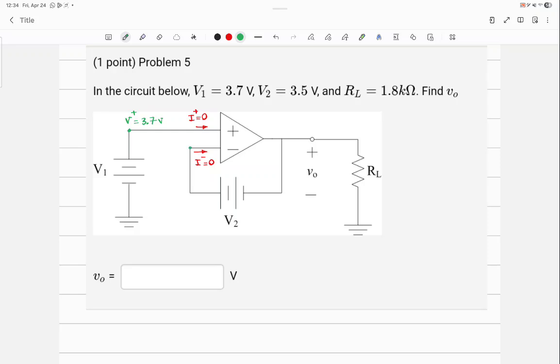So V negative is also 3.7 volts. Okay? Remember what I told him. Start finding your way from the last piece of information that you found to the output.